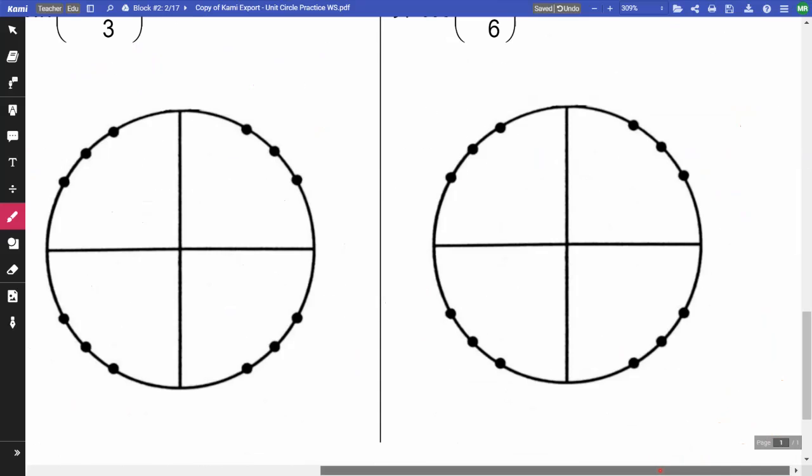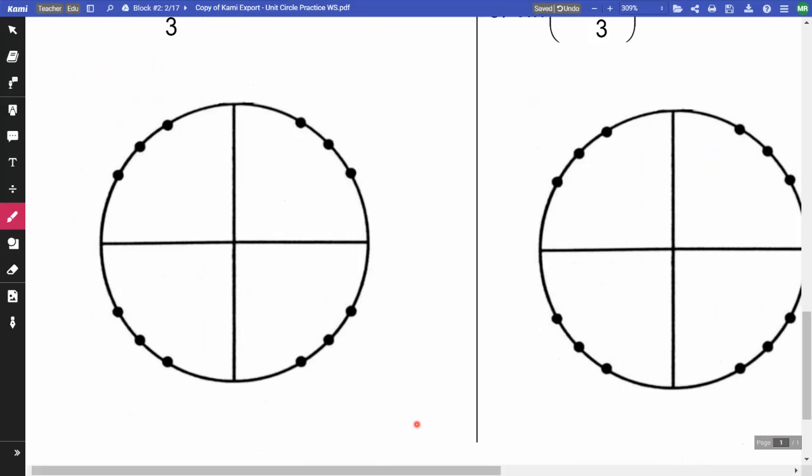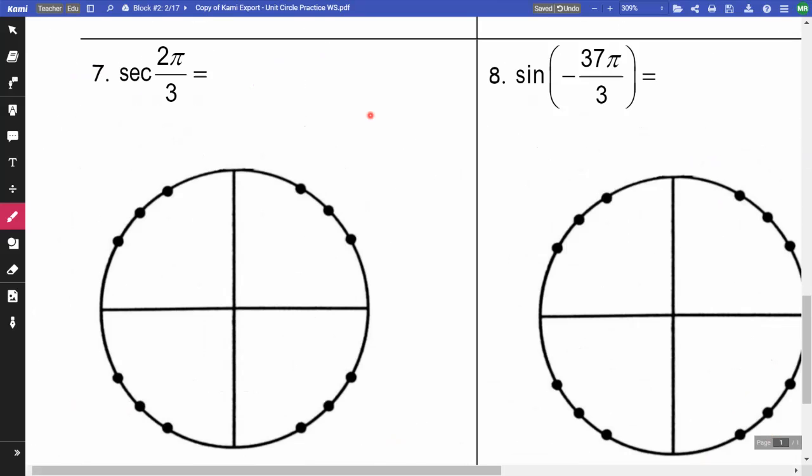Let's take a look at the secant. Okay, so S doesn't go with S and C doesn't go with C. So this is going to be 1 over the cosine of 2 pi thirds. So first I need to figure out 2 pi thirds. So going all the way around here to here would be 3 pi thirds.